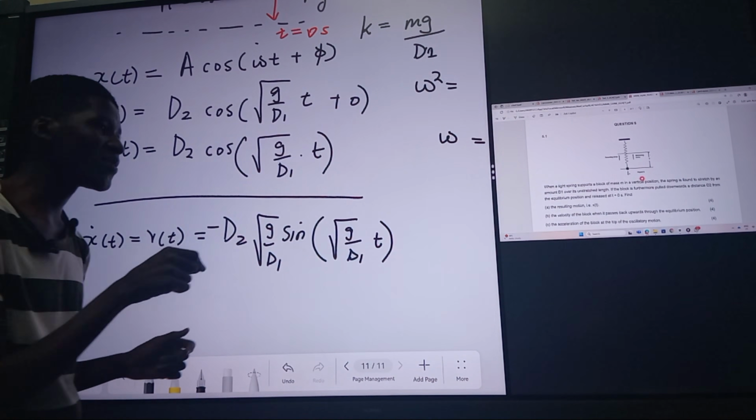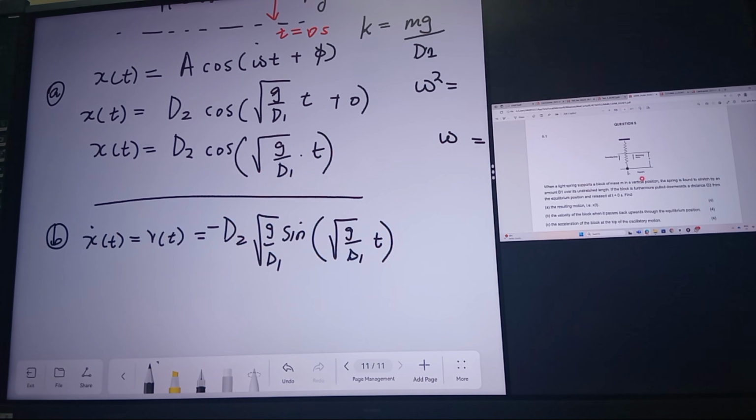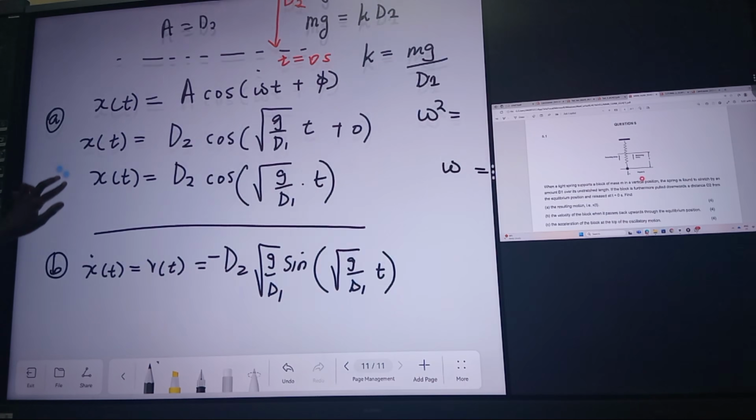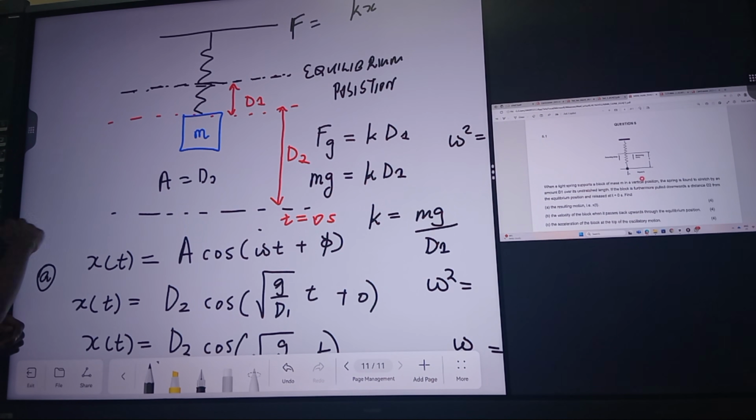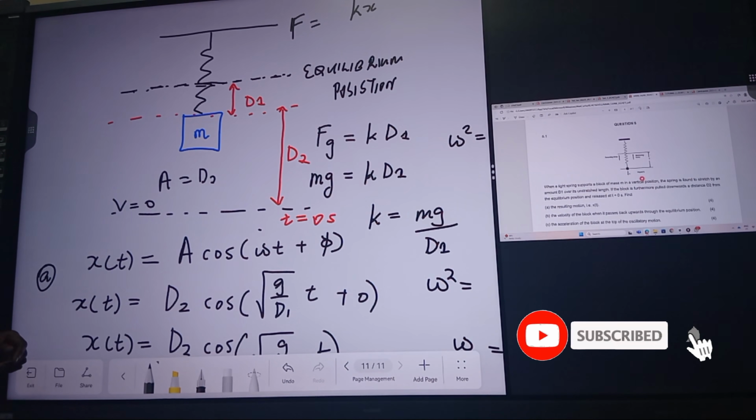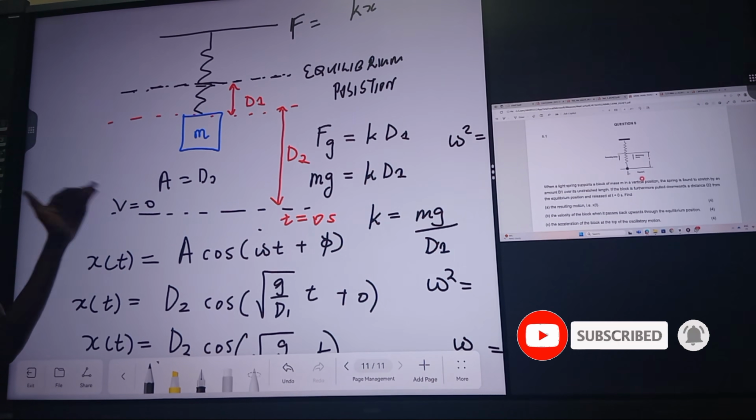They actually want to know what the velocity is at the equilibrium position. What is the velocity at the maximum position, at an amplitude? It is equal to 0, because the block is stopping.